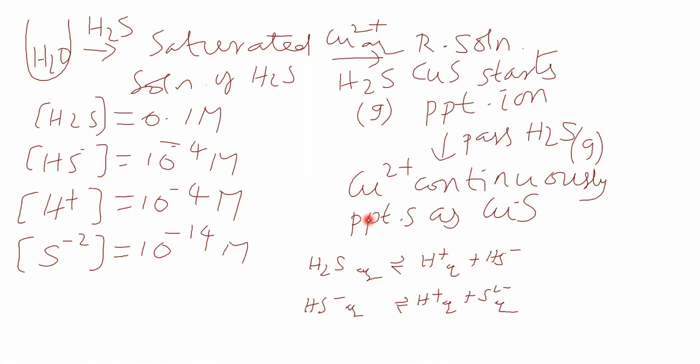Shall we say the concentration of sulfide decreases? In this equilibrium, which direction is favored, forward or backward? Cu2+ is continuously consuming sulfide for precipitating as CuS. Therefore, the concentration of sulfide goes on decreasing.